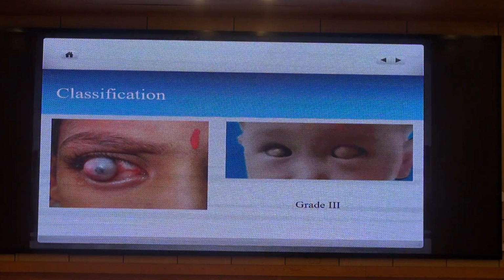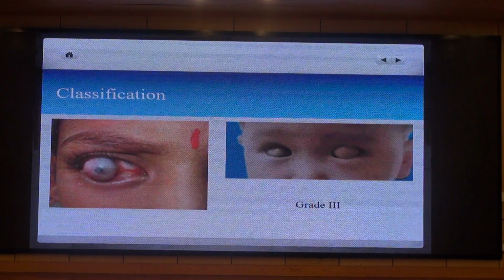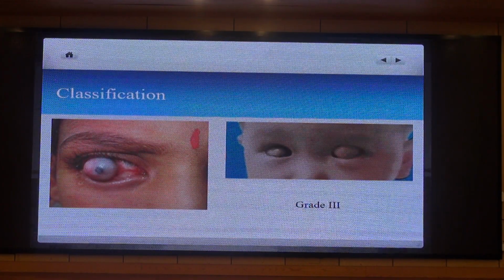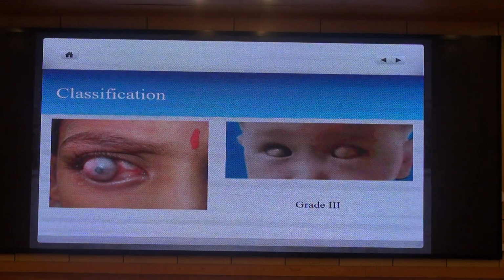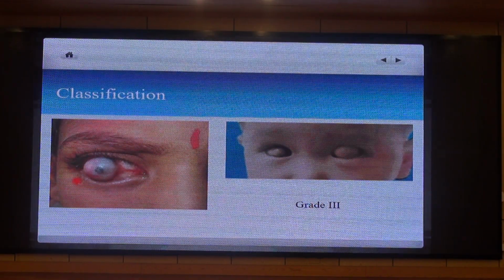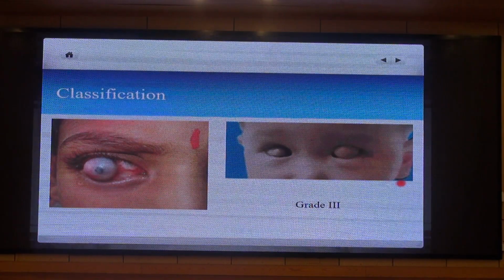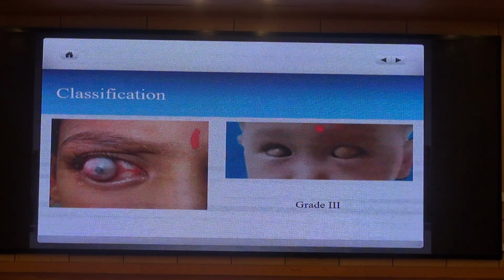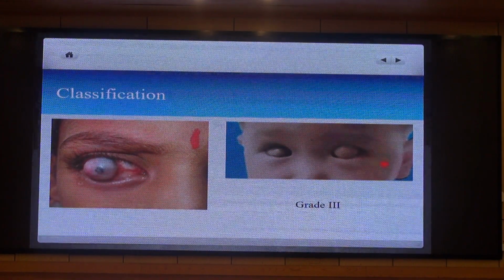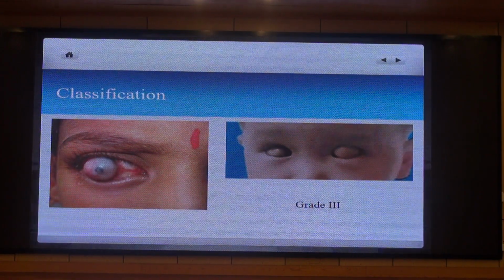And the last one is grade 3. In grade 3, almost the whole globe is tumor. You can see it in the pictures in the book. And my patient had a tumor in the fourth eye for 2 years, very severe.